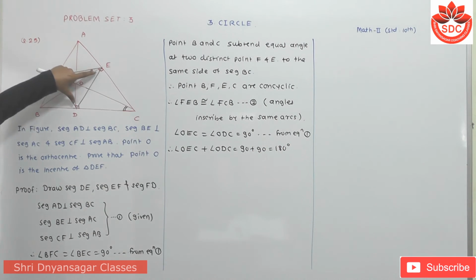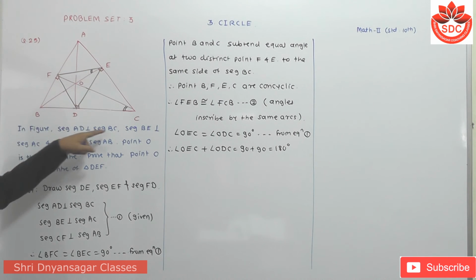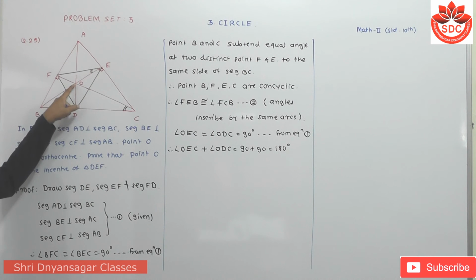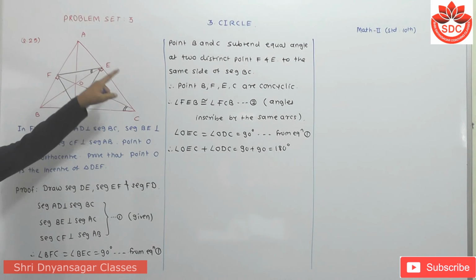If the sum of these two angles is 180, it means that by using the converse of the cyclic quadrilateral theorem, these two angles are supplementary. It means that this quadrilateral OECD is cyclic.